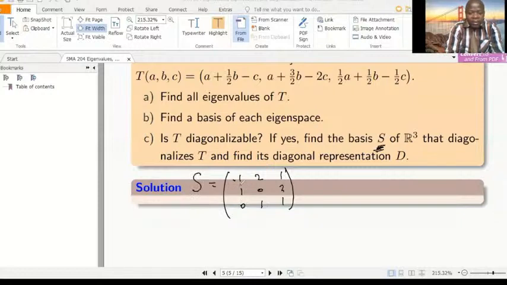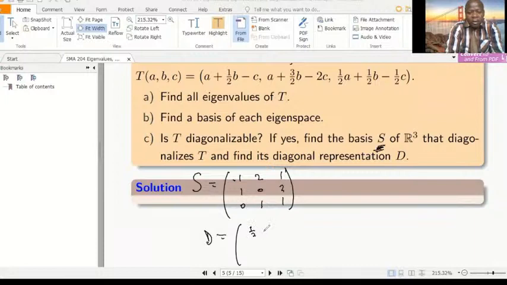We just arrange the eigenvectors as columns. So this is S. And the question is a diagonal matrix D. So what was the eigenvalue corresponding to this eigenvector? And it was a half.